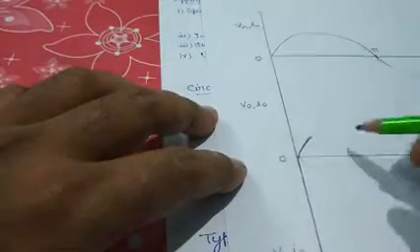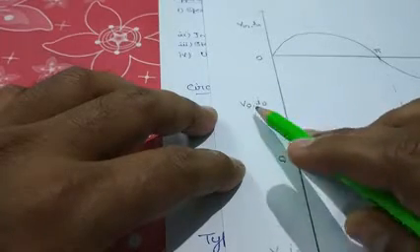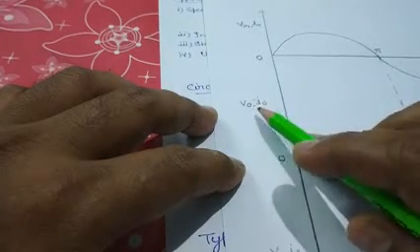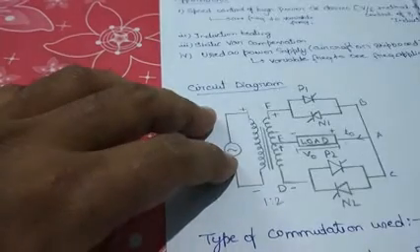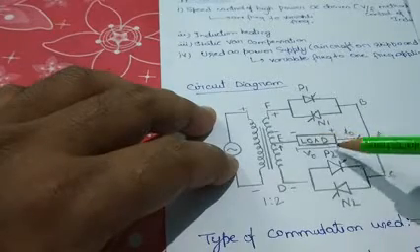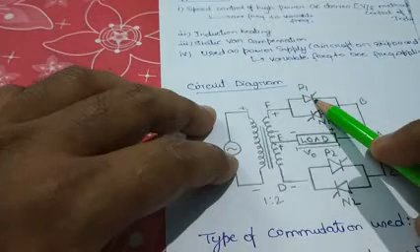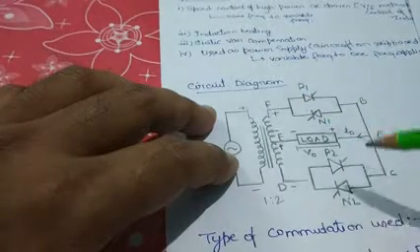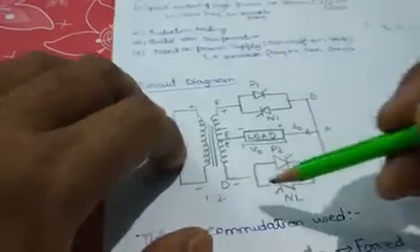But I have assumed in the starting that there is no phase difference between output voltage and current, which means the load is purely resistive. That's why, in a pure resistive load, the current can change suddenly. So we will forcefully commute P1 and at the same time turn on N2, which is capable of conducting.